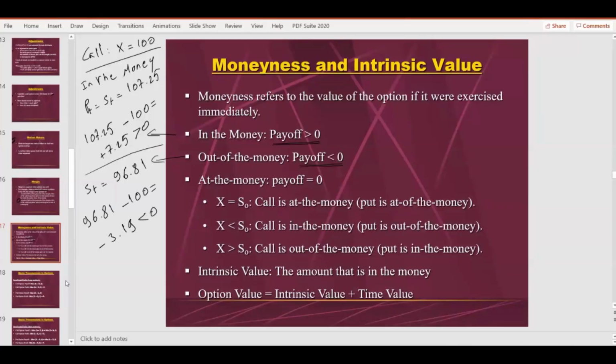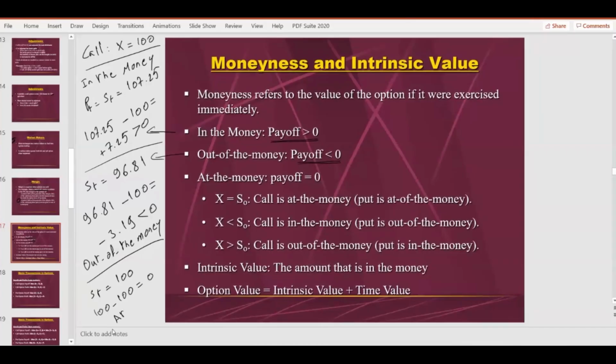So I can say that this option is out of the money. Finally, for the same strike price, if ST is equal exactly to 100, the payoff of the option is 100 minus 100 equal to 0. So I can say that the option is at the money.